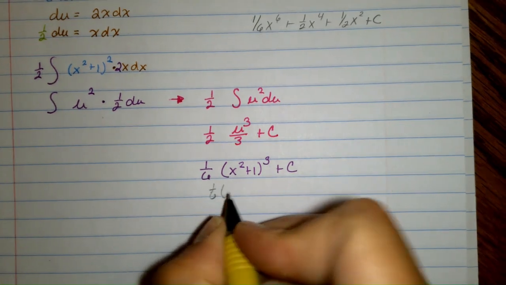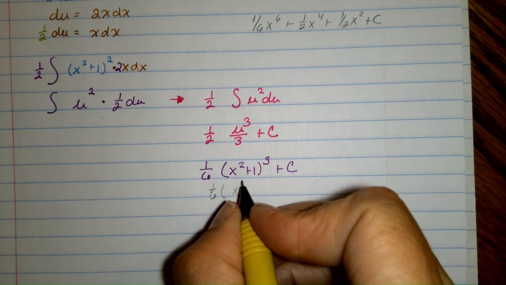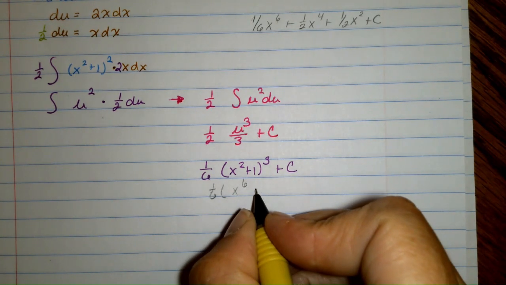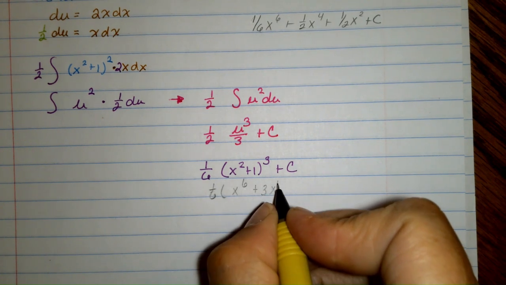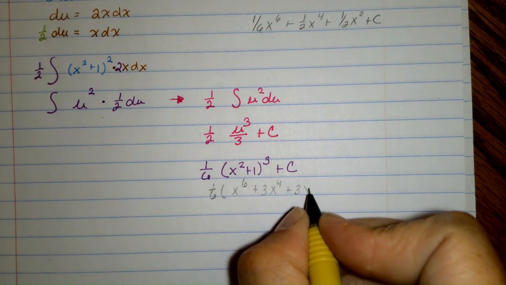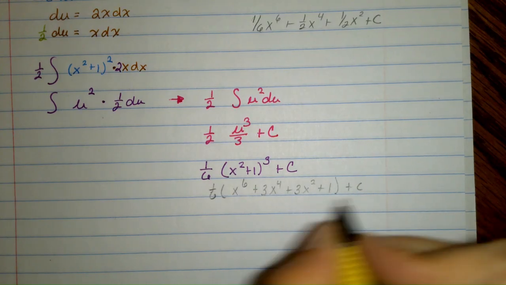1/6, I'm using Pascal's triangle, so it'd be the first thing cubed, plus 3 the x to the 4th plus 3x to the 2nd plus 1 plus c.